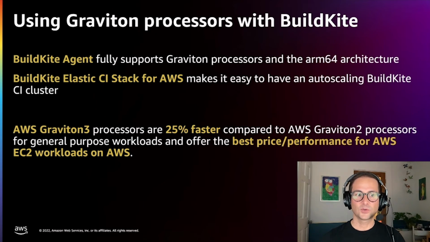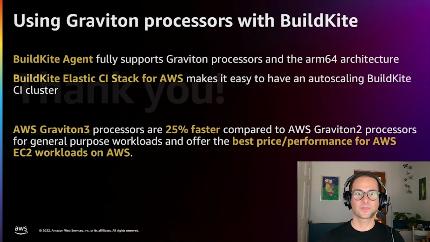And finally, Graviton3 processors are 25% faster compared to the previous generation of Graviton processors. They offer the best price performance for EC2 workloads running on AWS. So I definitely invite you to test those processors and to run your builds with Buildkite on those processors for better performance and a lower cost.